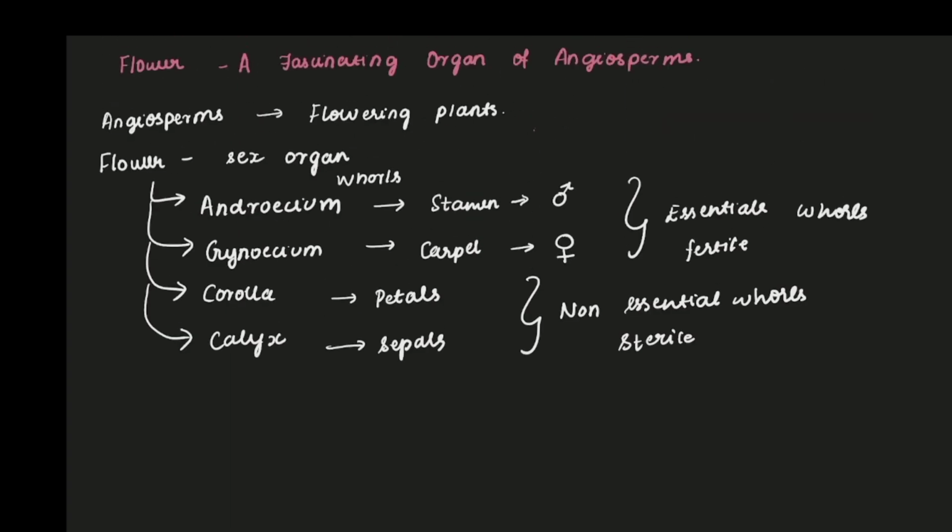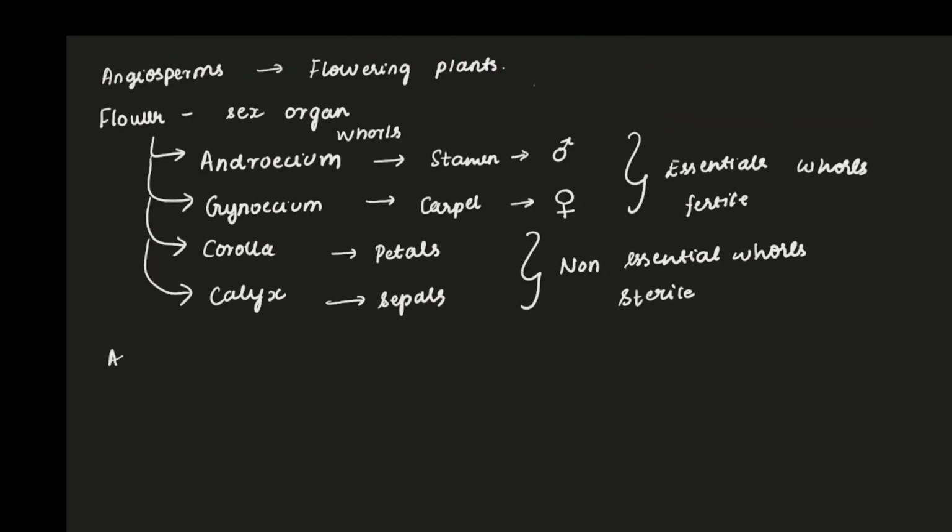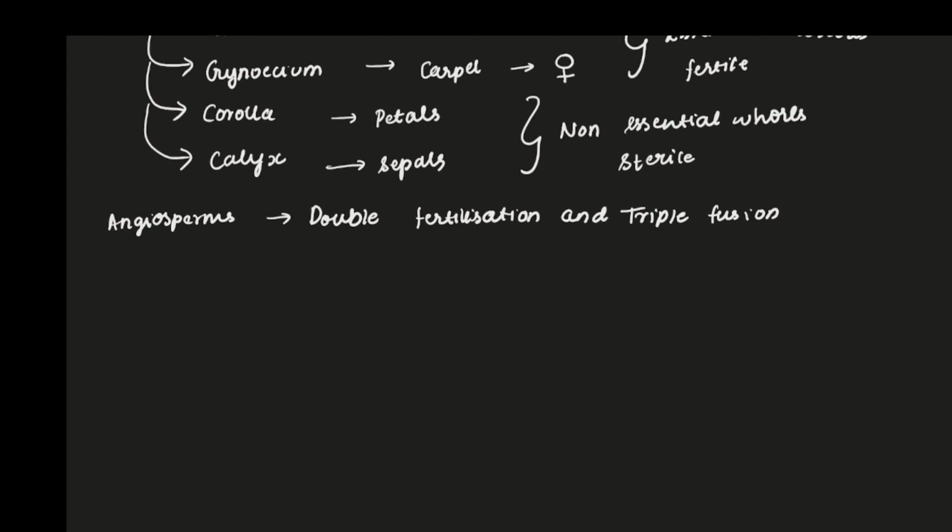And something that's again unique in angiosperms or the flowering plants is something known as double fertilization and triple fusion. Though these may sound like new words, I feel we've already learned about this at a younger age. But this is kind of new, which we'll again learn in embryogenesis.